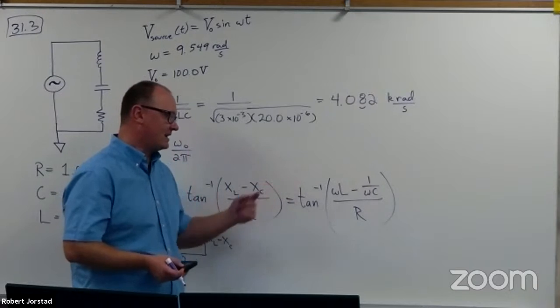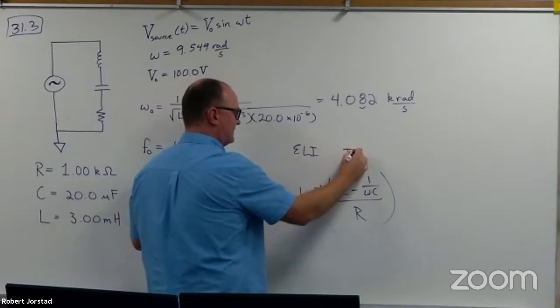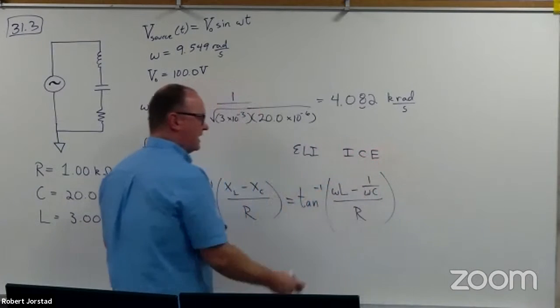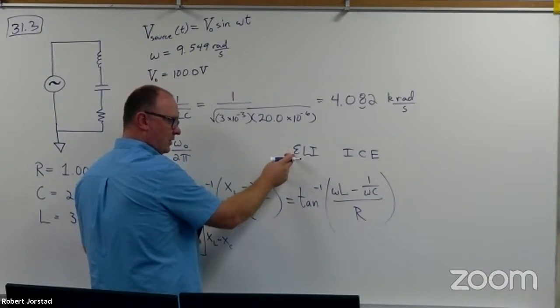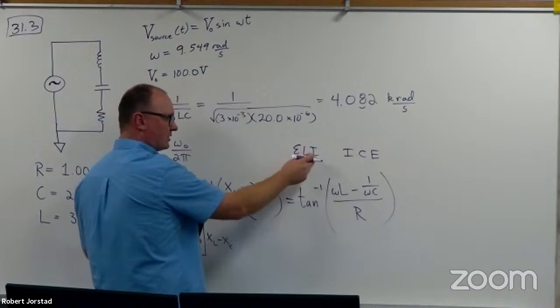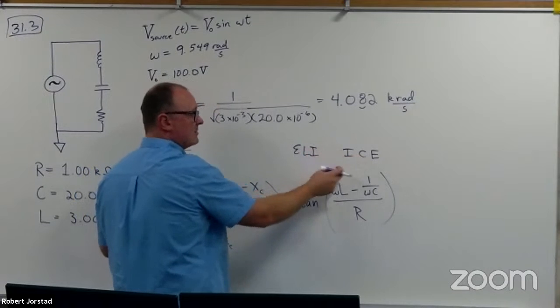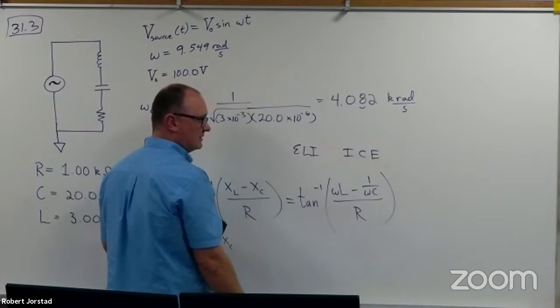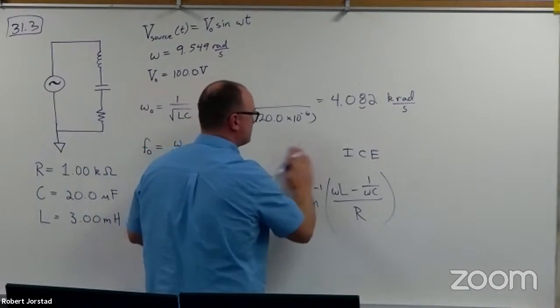A negative phase angle, if you recall from ELI the ICE man, right? If the inductor dominates, we get a positive phase angle. Voltage source peaks before current. If the capacitor dominates, the current peaks before the voltage, we get a negative phase angle. All right, more on that in a minute.